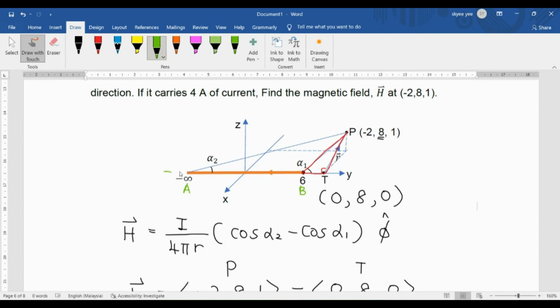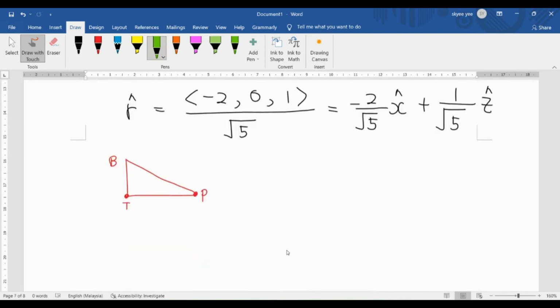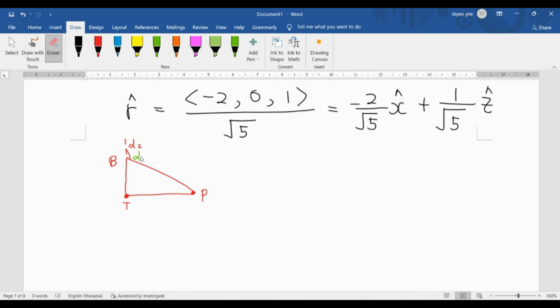So when you're joining them together, this one should be your alpha 1, and this one should be your alpha 2. Alpha 2 should be here.